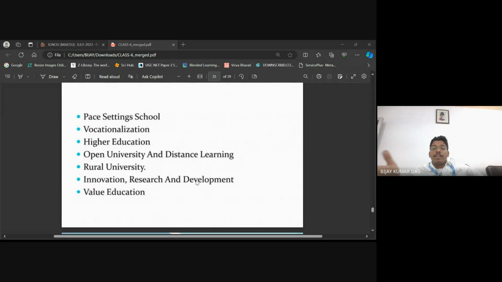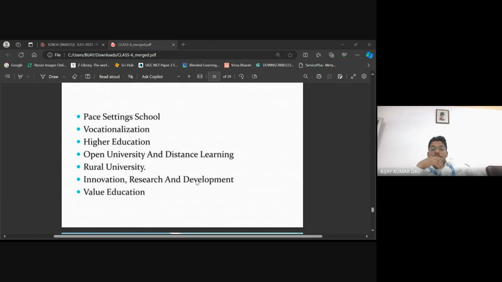You know that the National Education Policy 2020 highlighted the vocational part of education, right? So how education will be more vocationalized so that people will be more benefited. These are the recent trends which are to be highlighted very systematically.